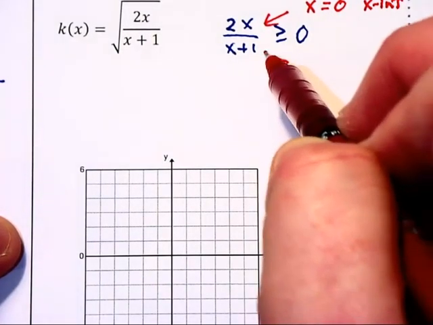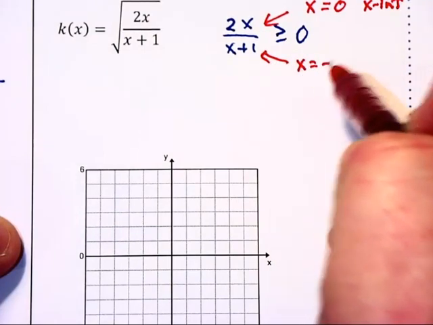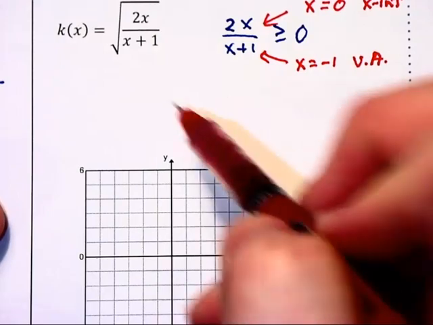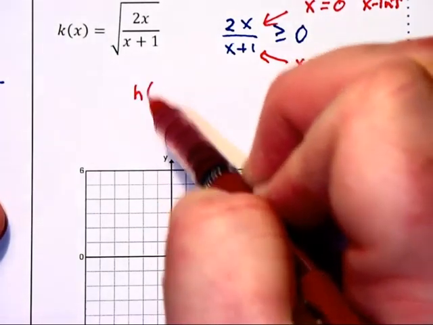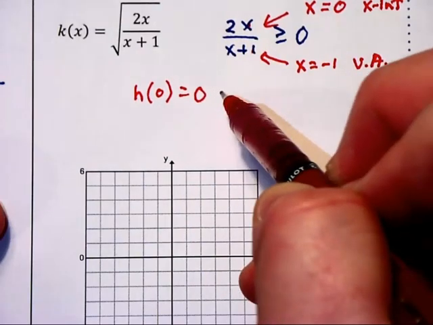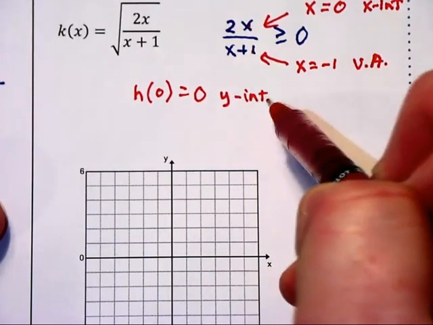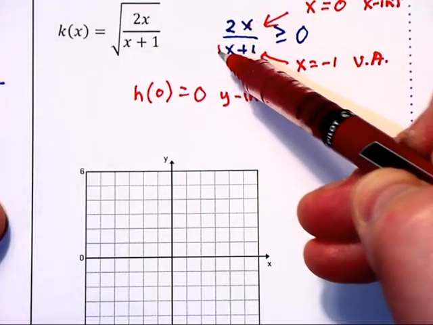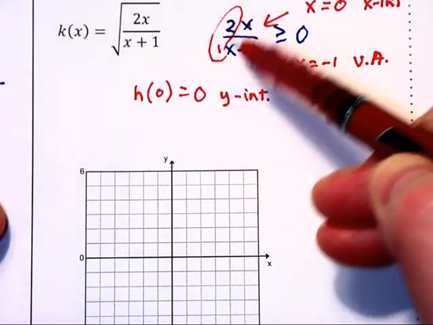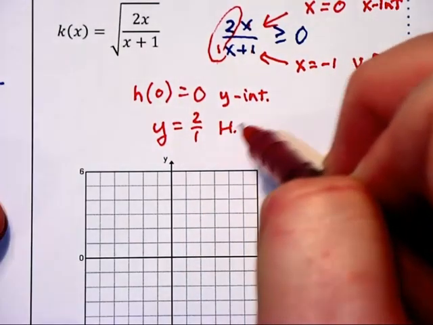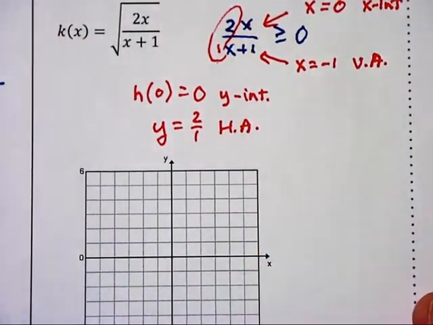We would see that in the denominator at x equals -1, we would have a vertical asymptote. If we substituted 0 in, h of 0 equals 0 over 1, which equals 0, and that becomes our y-intercept. We look at the degrees, and the degrees are the same, so the ratio of 2 over 1, y equals 2 over 1, becomes our horizontal asymptote.